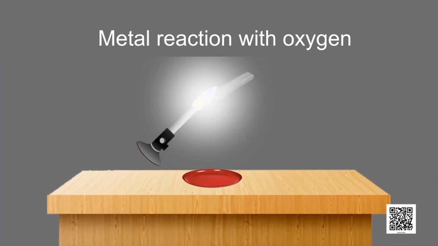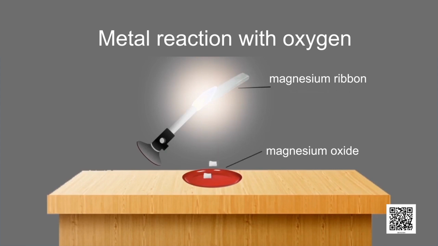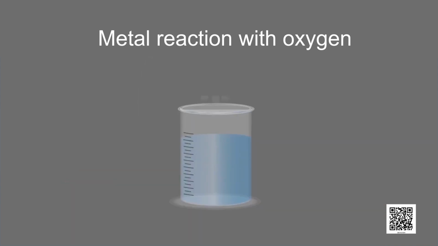Similarly, when we burn magnesium ribbon in the presence of oxygen, it converts into magnesium oxide. When the ashes of magnesium oxide are dissolved in water, it converts into magnesium hydroxide.